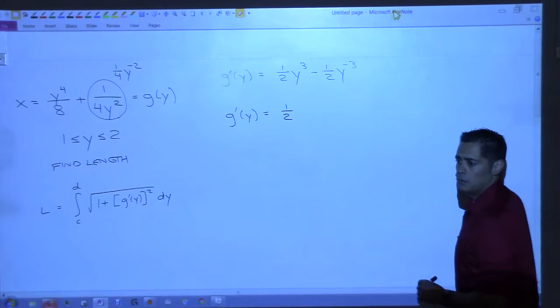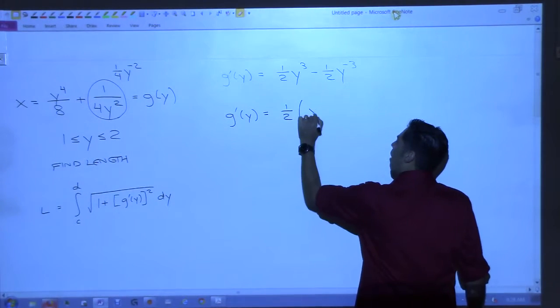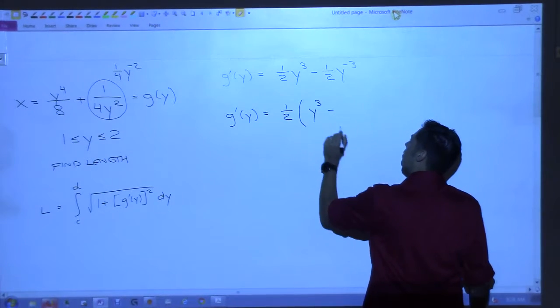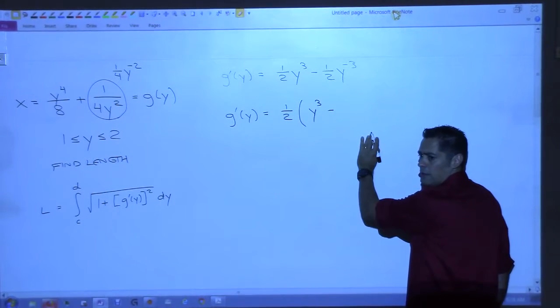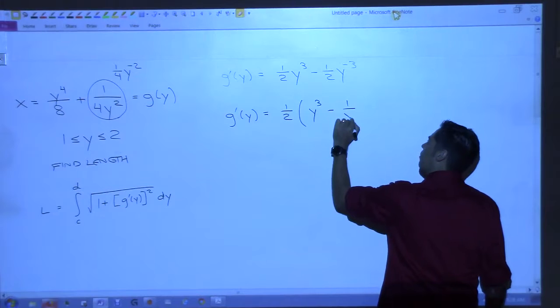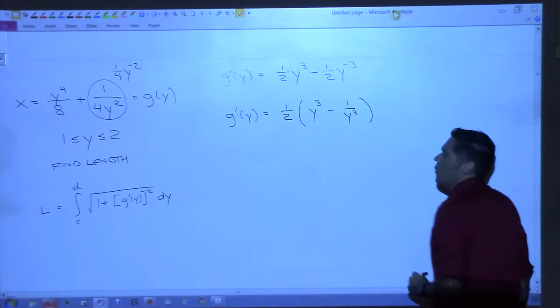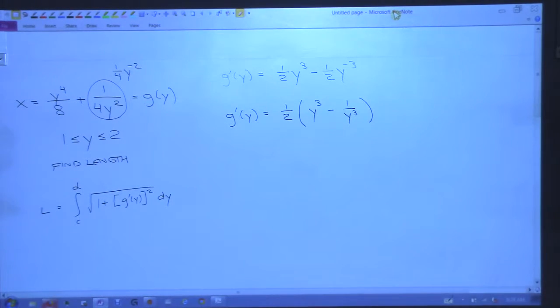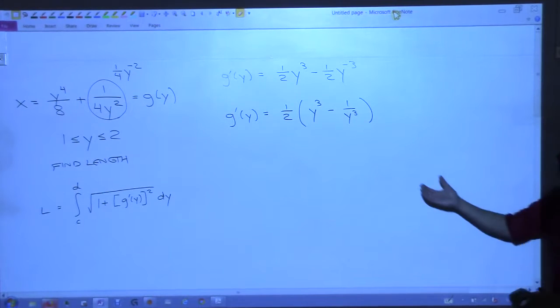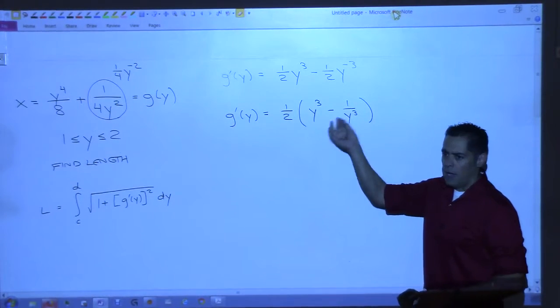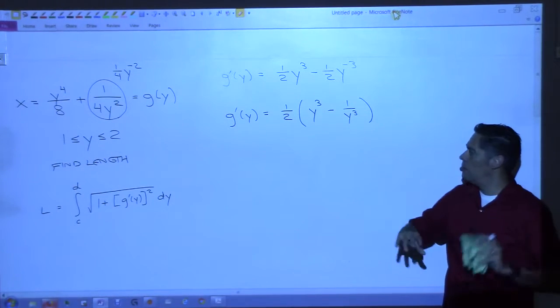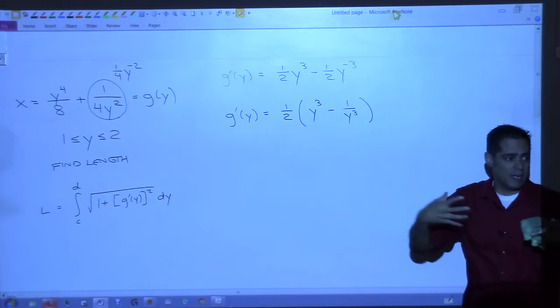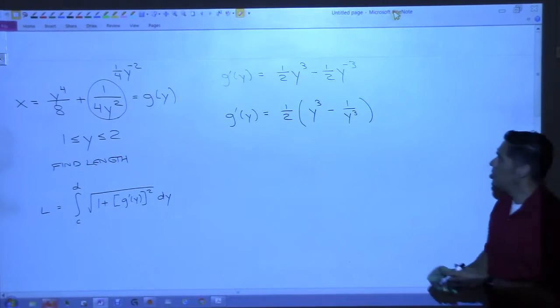And then I have y cubed minus y to the negative 3. I'm going to write that as 1 over y cubed. That's the same thing, right? I'm going to get a common denominator between these two now. I'm not squaring it yet, but I know I'm going to need to square it, so I'm putting it together as a fraction now.